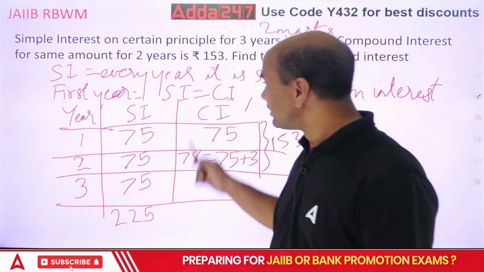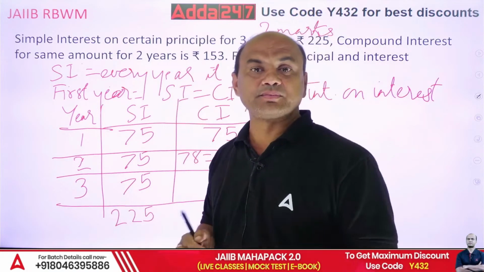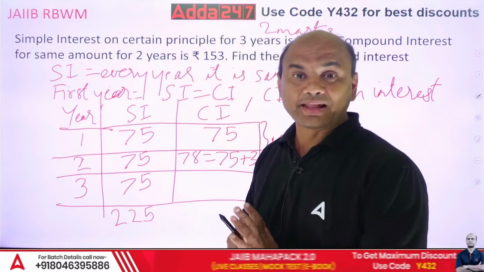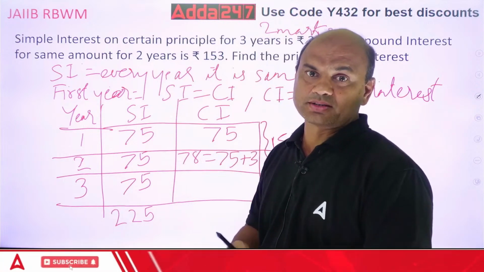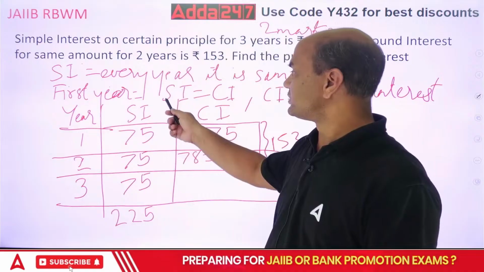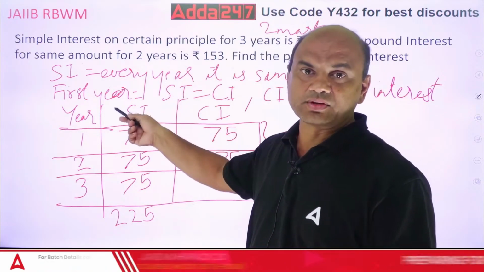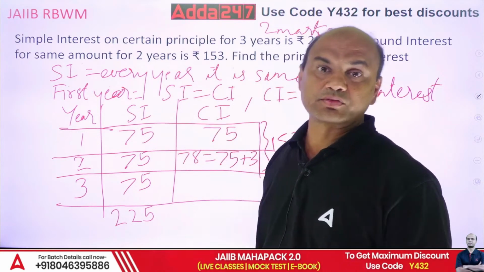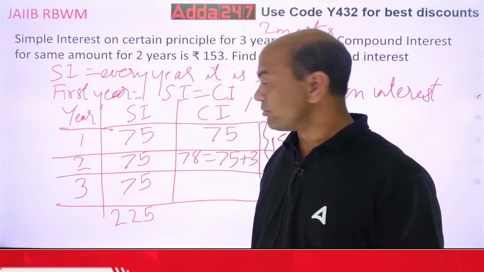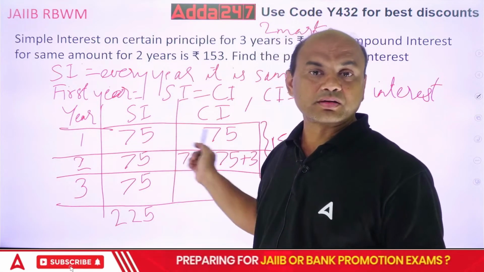Because you have learned that simple interest is the same, but we don't apply it. Application is important, isn't it? Similarly the second one, simple interest equals compound interest in the first year. We know this, but did we apply it over here?